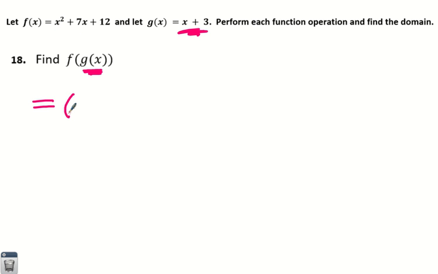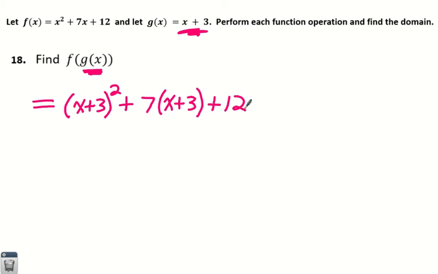But we're not plugging in 3, we're plugging in x plus 3 in for the x. And so that's what I'm doing. So wherever we see an x, we're going to plug in the g function, which is x plus 3. And so this is just going to be cleanup.